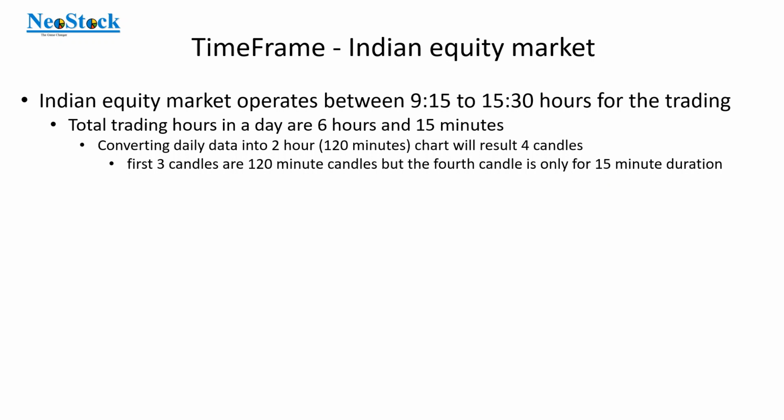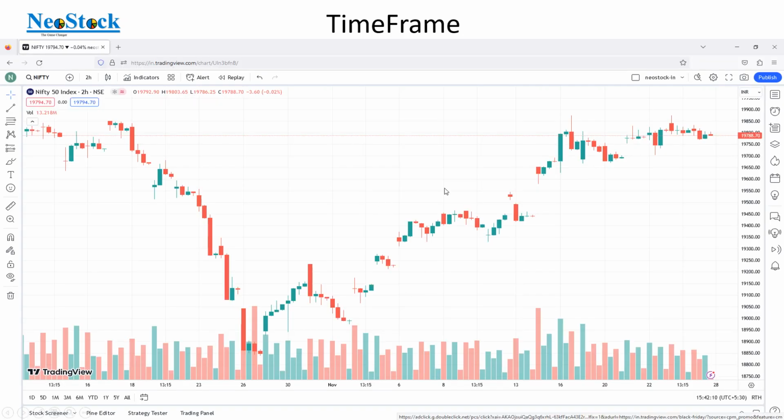Let me show you in the chart. Previously we have seen this 2-hour chart for Nifty 50. See, look into this. It is a small tiny candle in this circled area. After every 3 candles, again here you have a small tiny candle.